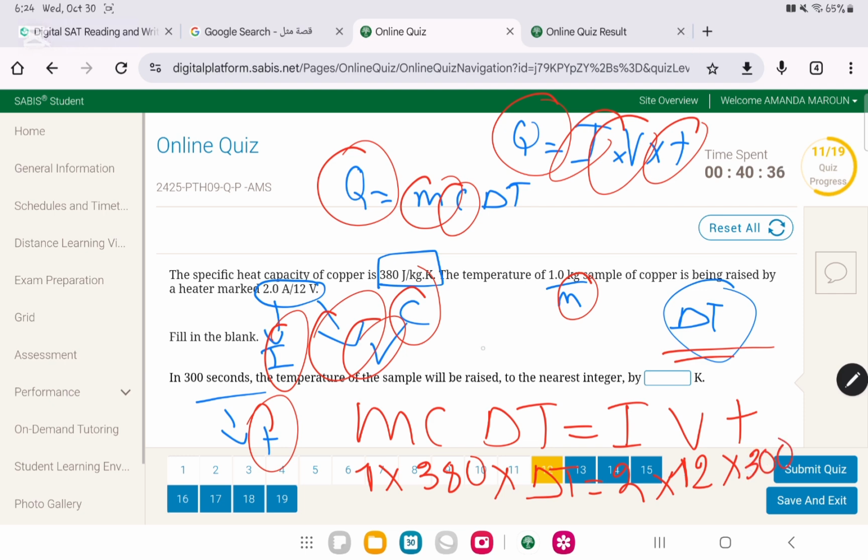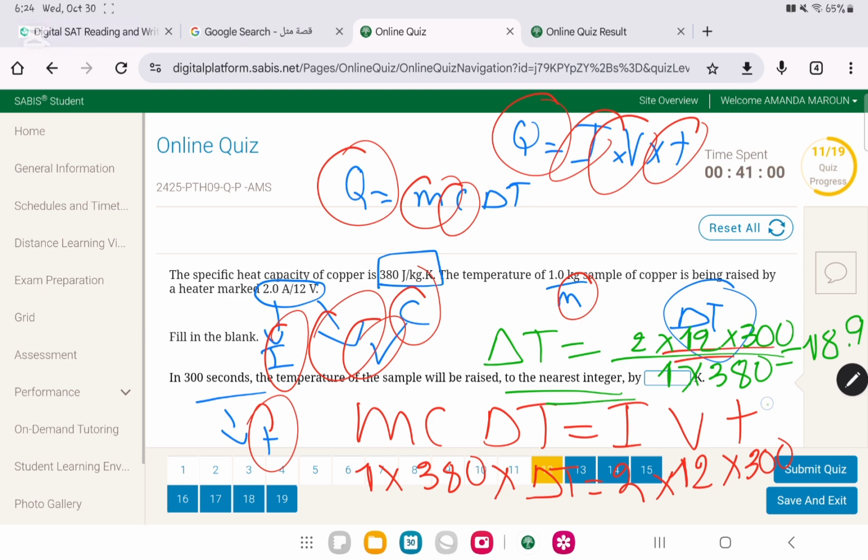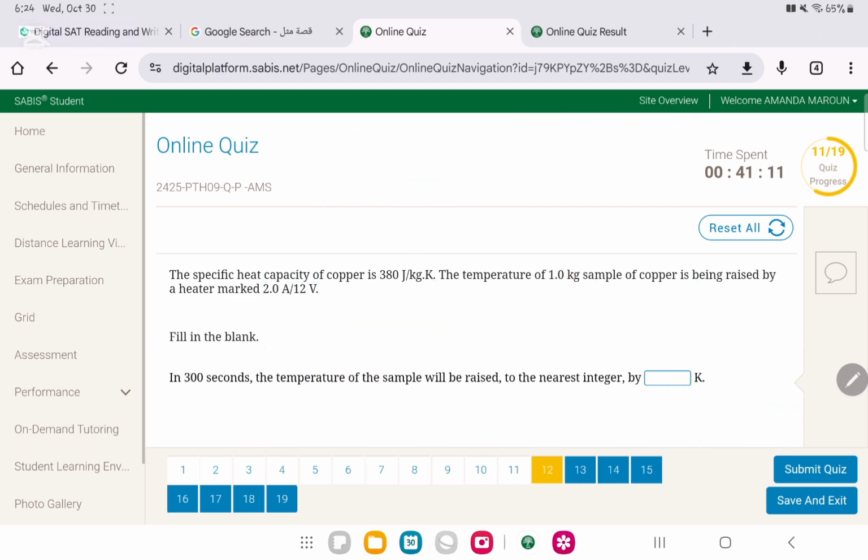So delta T is equal to 2 times 12 times 300 divided by 1 times 380. If you do it on your calculator, you are gonna get 18.9, but they need it to the nearest integer, so you're gonna round it, and it is gonna be 19 Kelvin. So our answer here is 19 Kelvin.